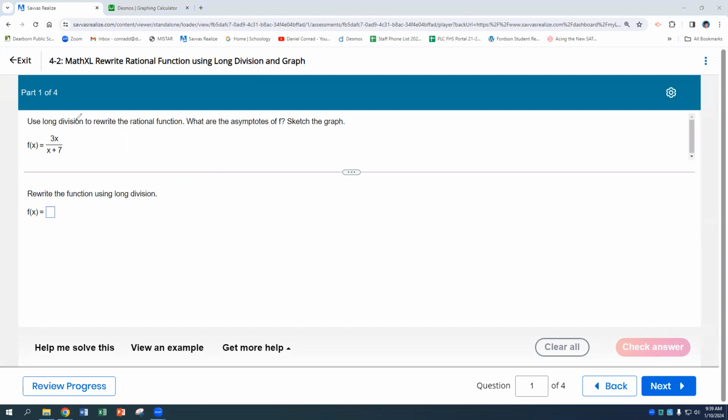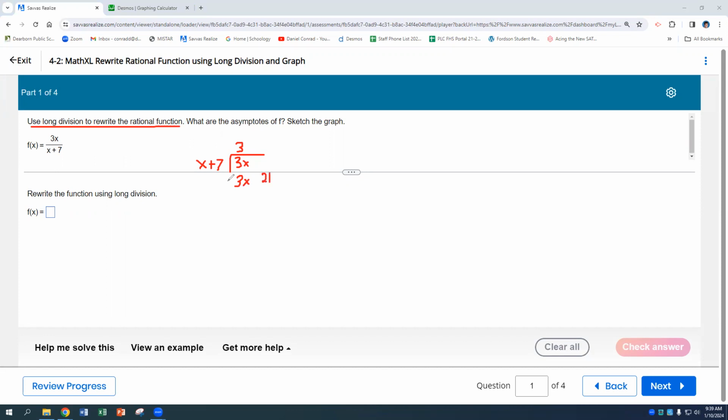Okay, so the first thing they want us to do is rewrite the rational function using long division. So we're going to divide x plus 7 into 3x. So I need to cancel out this 3x. So x times 3 is what's going to give me 3x. 3 times 7 is 21.